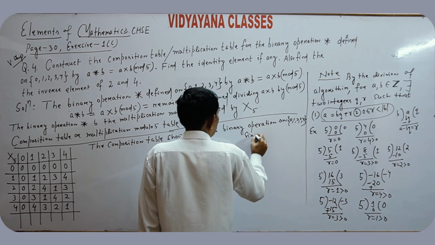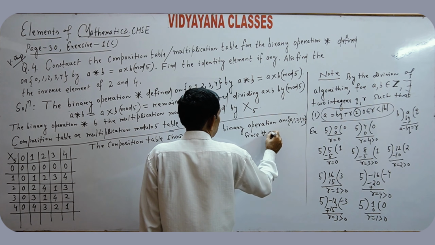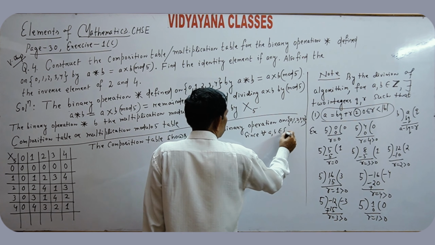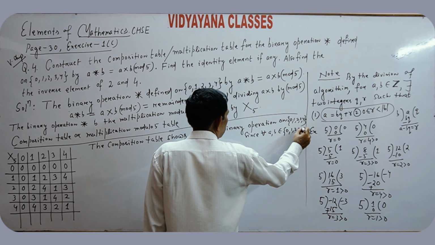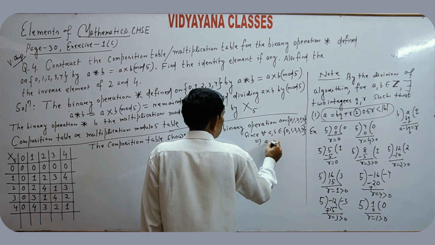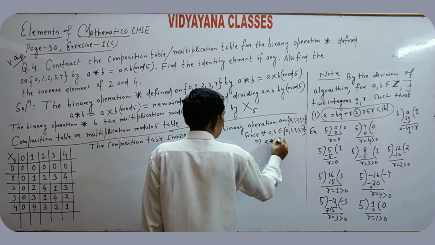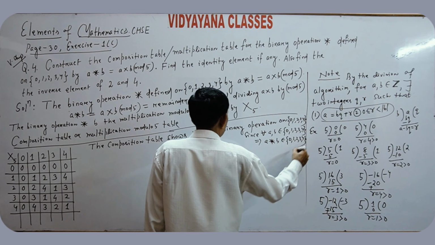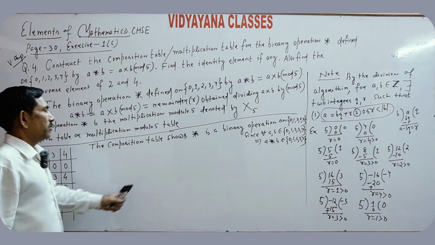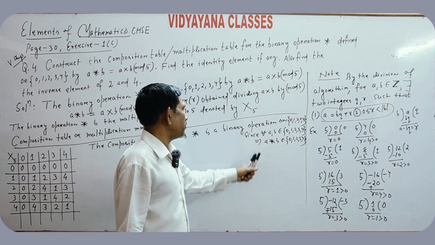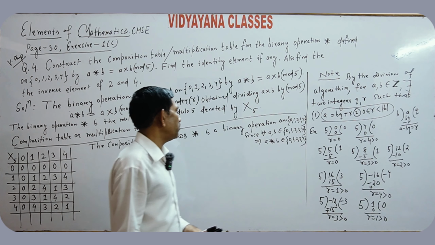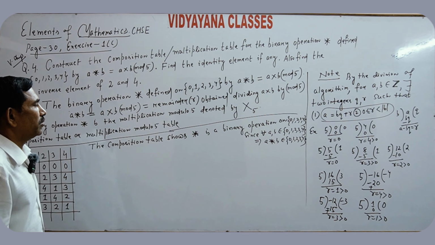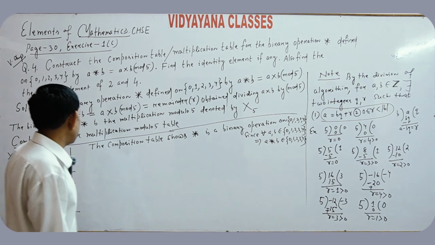Since for all A, B belongs to the set {0, 1, 2, 3, 4} implies A star B belongs to the set {0, 1, 2, 3, 4}. The composition table shows star is a binary operation on this set. It is the definition of binary operation.